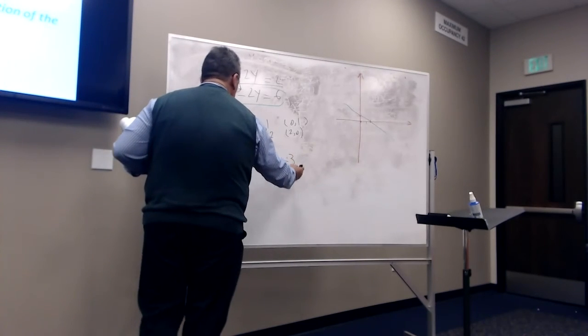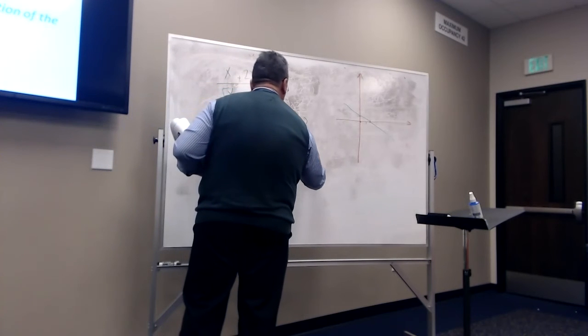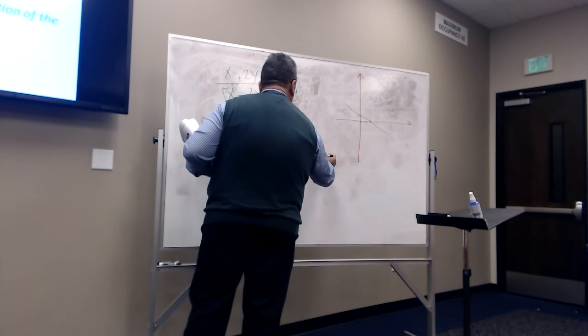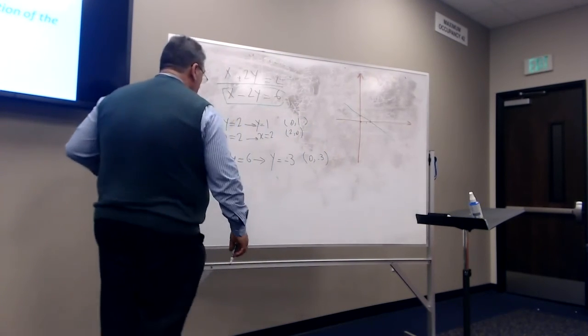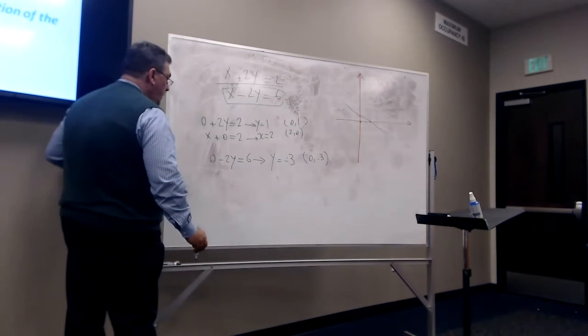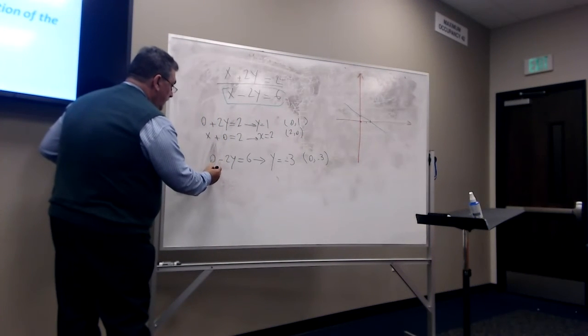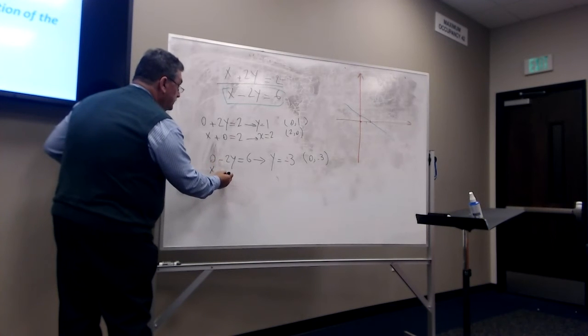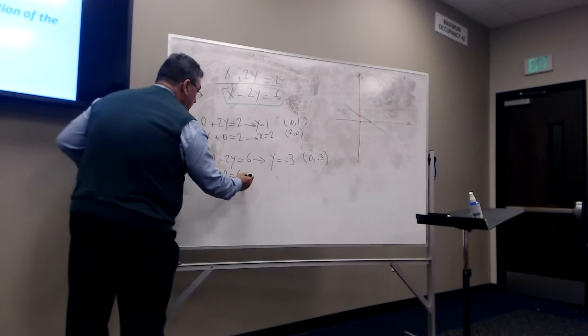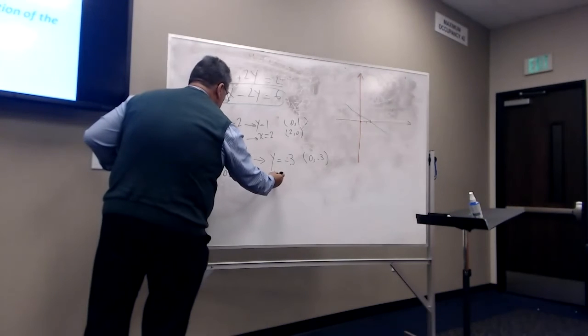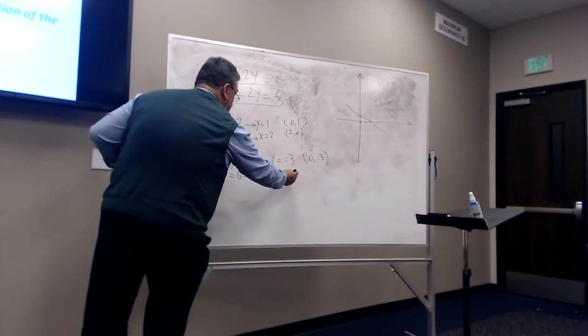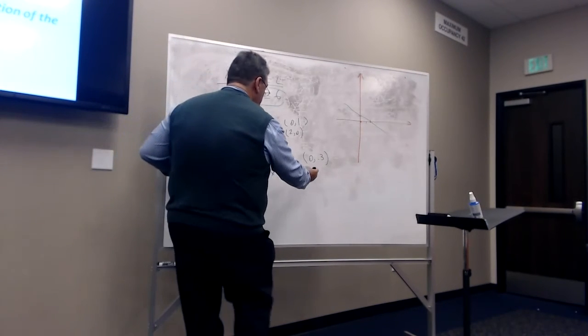Yes? So I have (0, minus 3). If I want to find the x-intercept, x minus 0 equal to 6. X is 6. So I get 6.